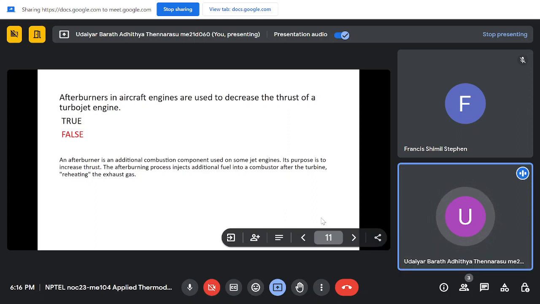To create more thrust, after expansion you spray some fuel and combust again. This is similar to the reheat phenomenon in Rankine and Brayton cycles. After expansion you spray fuel and combust again to raise the temperature and pressure, and then pass it through a nozzle. This creates more thrust compared to before. So afterburners are used to create more thrust, and this statement is false.